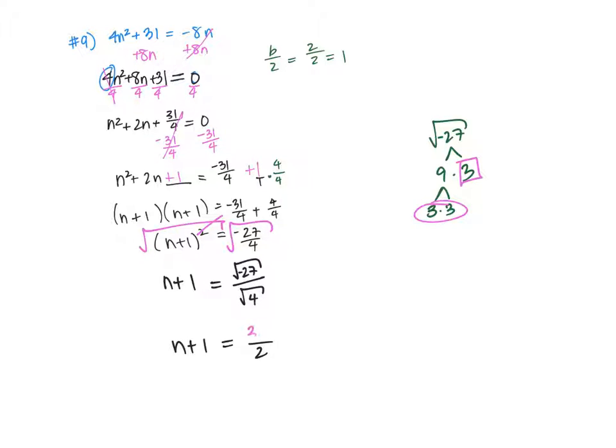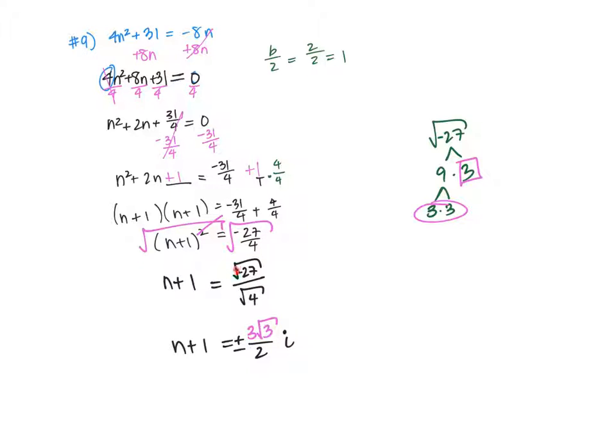So that means 3 can come out of the root because it's a perfect pair, and then the leftover 3 gets kicked back in. But keep in mind that was a negative square root, so that means that this here has to have an i. So I'm going to put the i in front of it, and then I'm going to treat this kind of like a coefficient in front of i. And then because I took a square root, it's going to be a positive and a negative value.